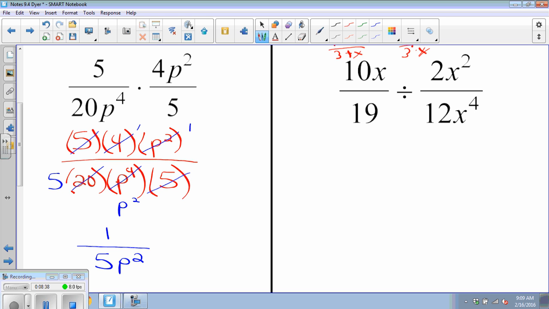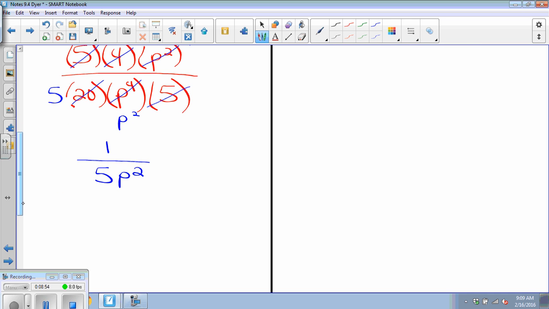And that would put 0 in the denominator. So p can be anything else except for 0. Because if it was 0, then that would make it undefined. Does that make sense? So this is my simplified answer, but p cannot equal 0.